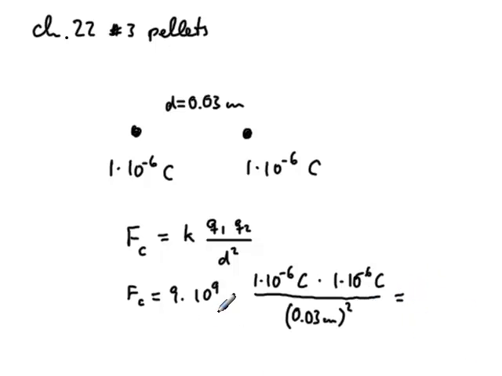Equals, and I come up with 10 newtons, if I wouldn't have forgotten the unit for K, which is given relatively early in the chapter. There it is, introduced, which is newtons square meters per coulomb squared. And then the coulomb squared here divides with the coulombs here, and the meter squared here divides with the meter squared here, and that leaves, as shown, 10, and the unit is newtons.